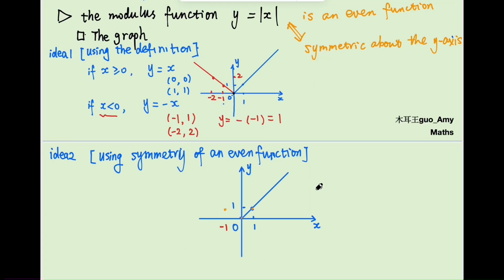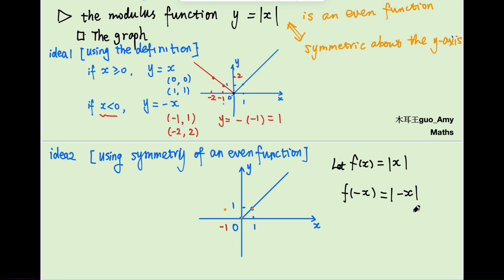For the second idea, in the first step, we are going to verify it is an even function. We will use the function notation to express the function. It means f of x is equal to the absolute of x. Then we are going to verify when x is replaced by negative x. So f of negative x is equal to the absolute of negative x.